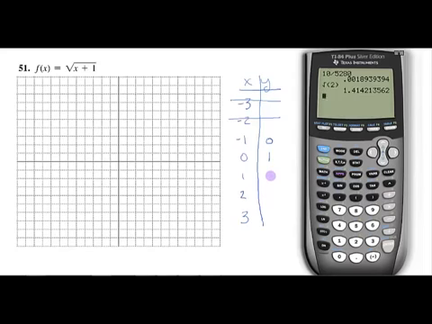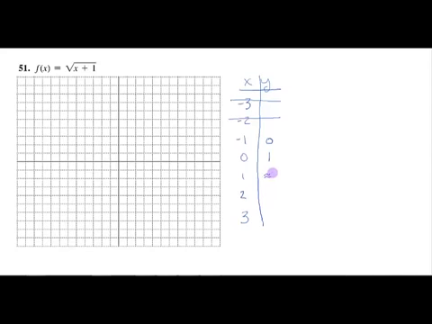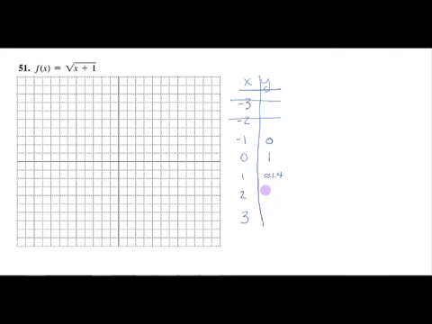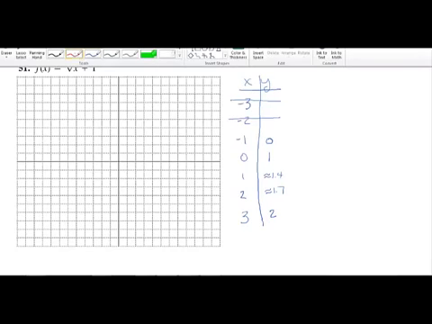So we'll go about 1.4. If we put in a 2, 2 plus 1 is 3, and so then we're taking the square root of 3, and we get about 1.7. And we put in a 3, 3 plus 1 is 4, and the square root of 4 is, of course, 2.